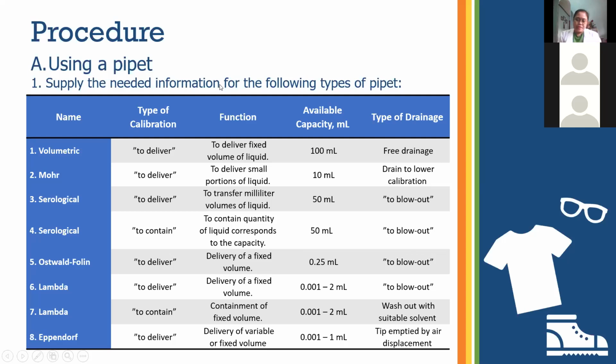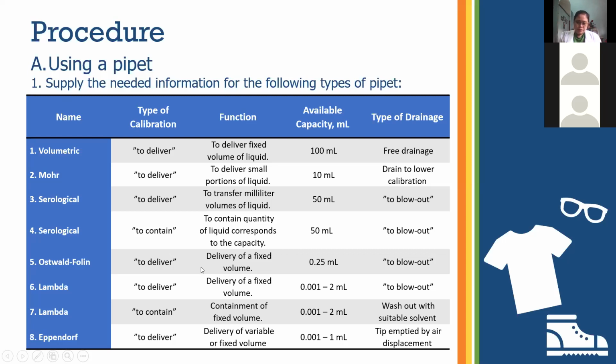Yung to deliver is a type of calibration that will dispense the exact volume na gina-indicate, and ang small amount ato should not be blown out. And for the contain, to hold or contain a particular volume but does not dispense the exact volume.